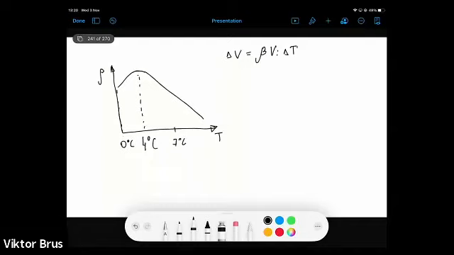So if we know this coefficient for some material which we are dealing with, then we can take the initial volume, because it will be defined by the amount of material we take, solid or liquid. They possess some volume depending on the amount of material we take. Then we know the temperature range where it changes, and we can calculate the change of volume because of thermal expansion. However, it doesn't apply to gases.